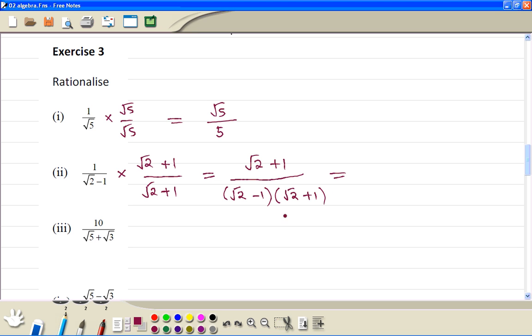Now this is the difference of two squares method we use. Square the first number, that gives you 2, minus square the second number, which gives you 1. So the answer is just root 2 plus 1.